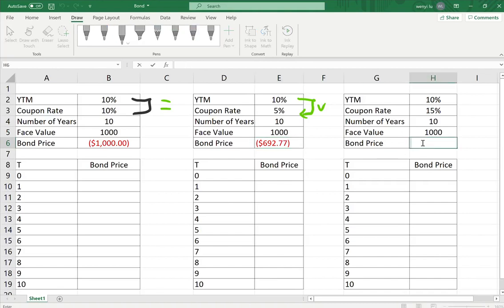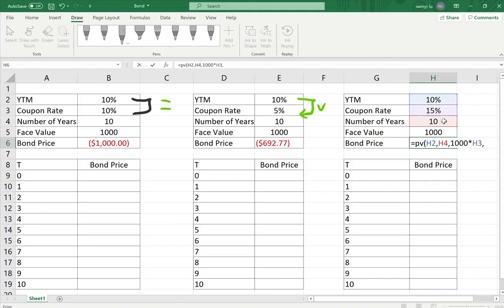Last one: now the coupon rate is more than the yield to maturity. What you receive is more than what you cost, so the bond trades at a premium. Let's double check this one. Present value, the rate is the yield to maturity. The number of periods is 10. The payment is the face value times the coupon rate.